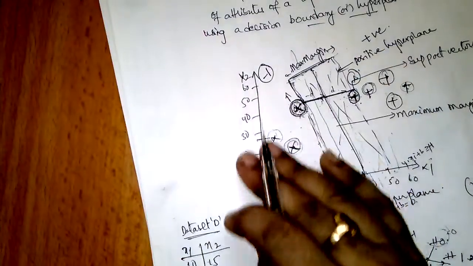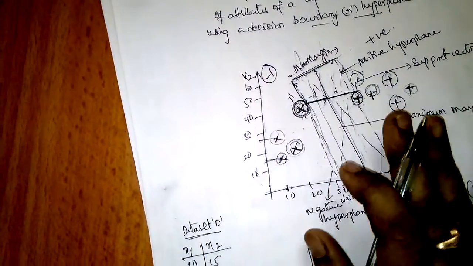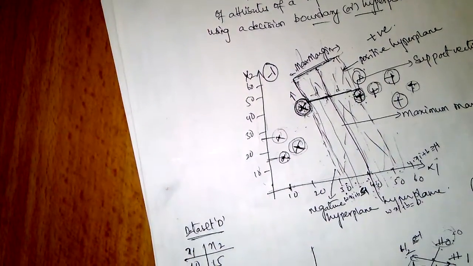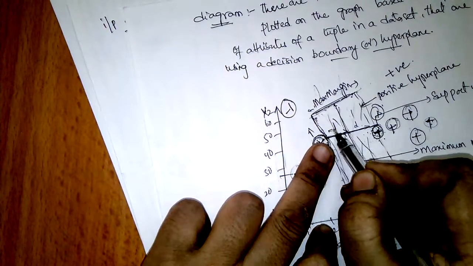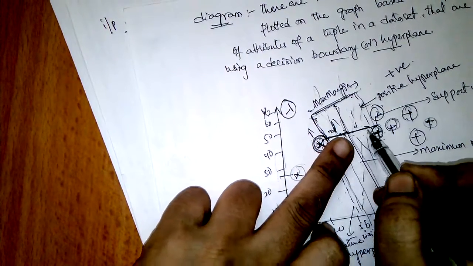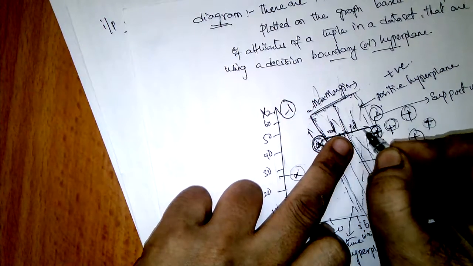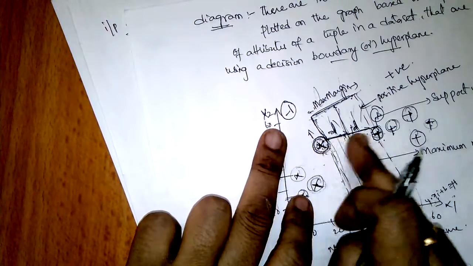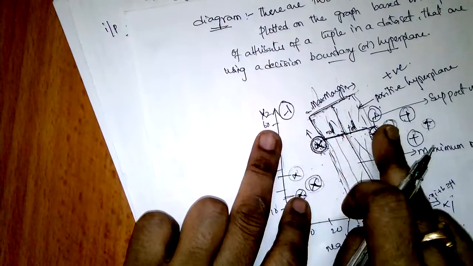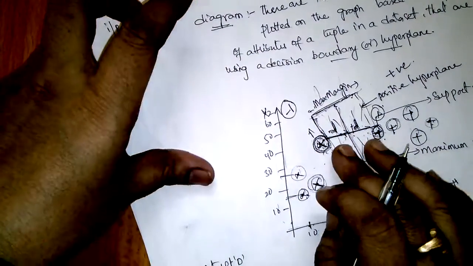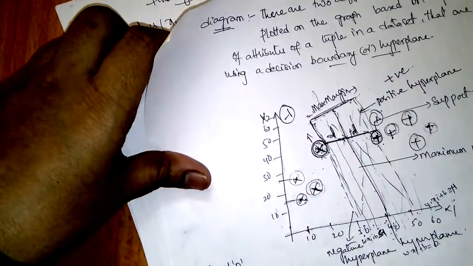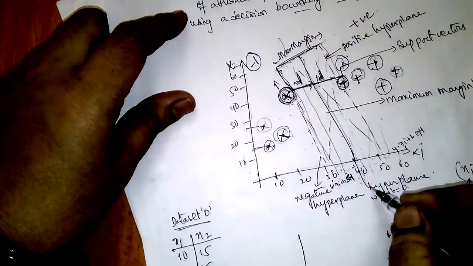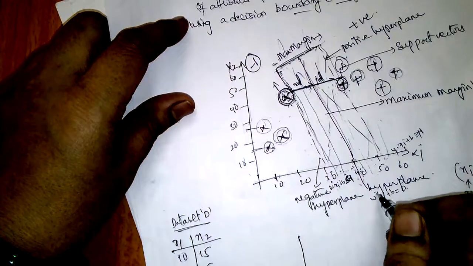Now we represent the distance from the negative side with a negative value, and from the positive side to the hyperplane with a positive distance. The total is the maximum margin. This is about the input vectors. Next we will see how to find the optimal hyperplane.